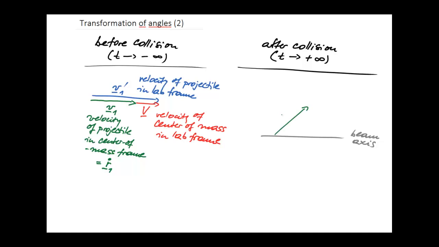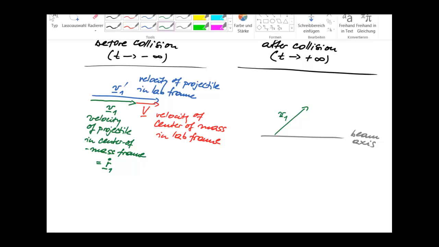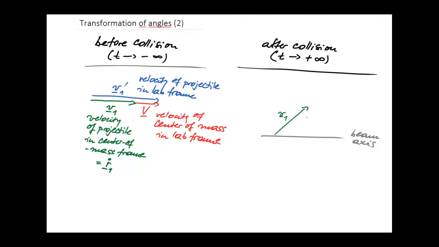So let's say in the center of mass frame, the projectile now has a velocity vector v1, and the angle with respect to the beam axis is our scattering angle theta. The center of mass still moves with respect to the lab frame with the same velocity capital V, because the center of mass performs a uniform motion that doesn't change at all during the scattering process.